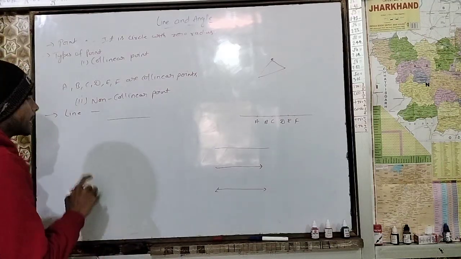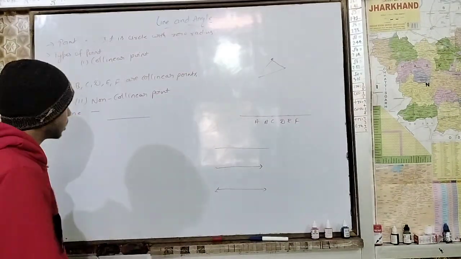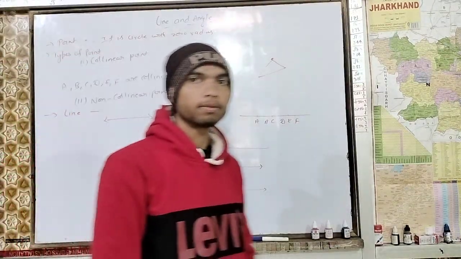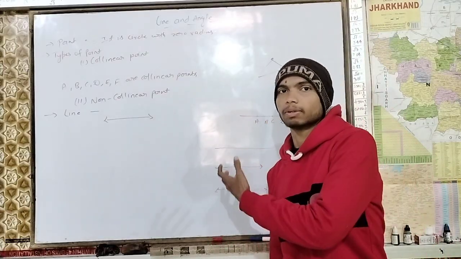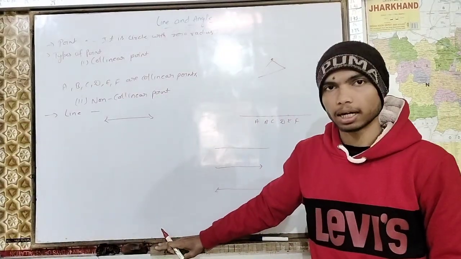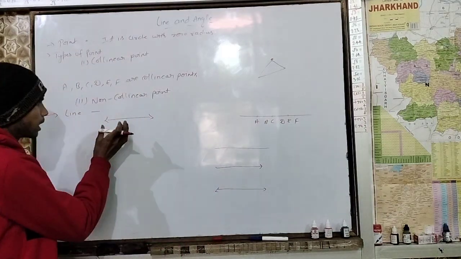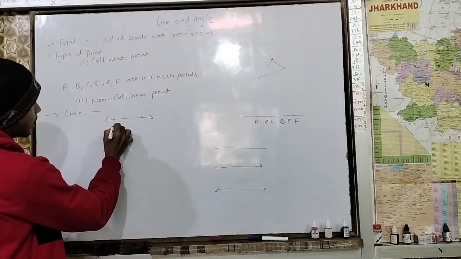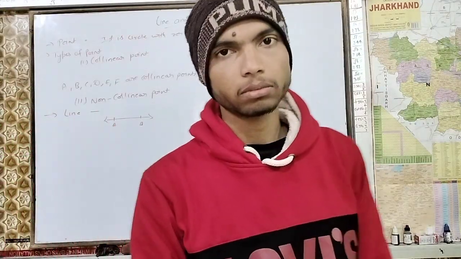But when it comes to this part, we can't say that this is a line. No. Now, with the two end arrows will be our exact line. Two arrows at the ends are compulsory to show a line. If you want to take a part from this line, then you can cut like this. This will be your A and this B. This AB is a part of this line.